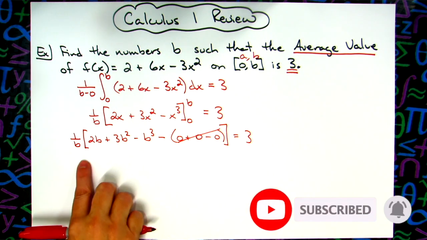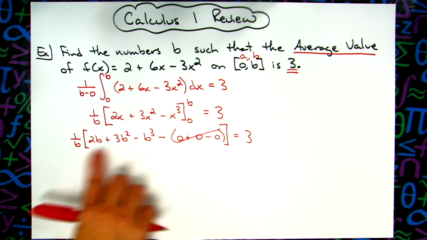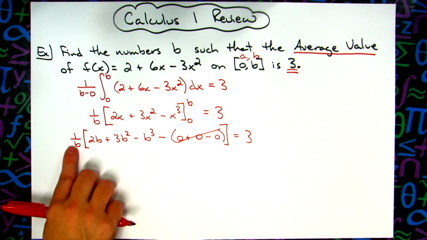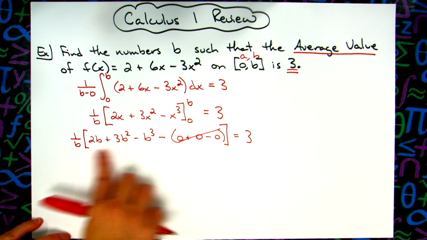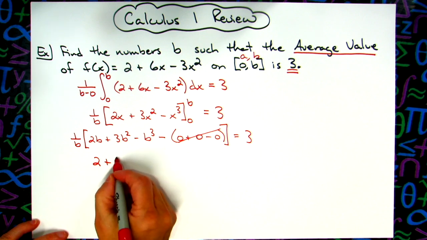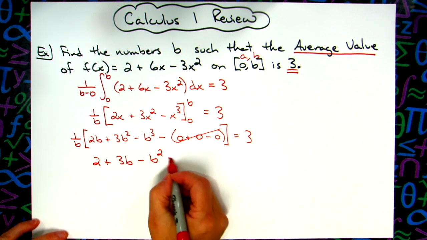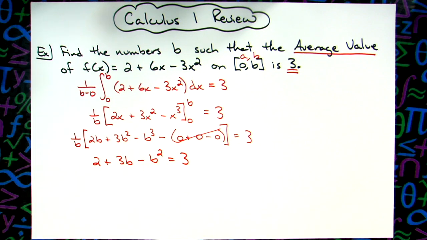Now we're going to go through and distribute this so that I've only got one quantity over here. When I distribute that 1 over b times each one of those, I'm going to end up with 2 over b plus 3b minus b squared equal to 3. Now we're starting to get down to an equation that looks like a quadratic that we're going to be able to solve.